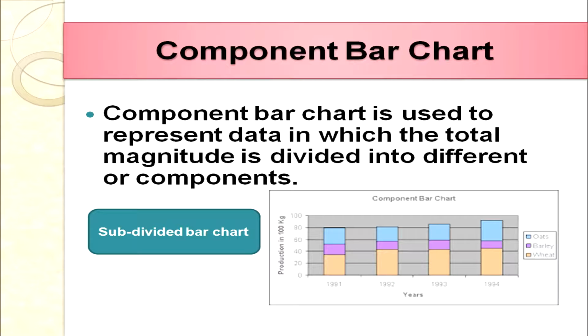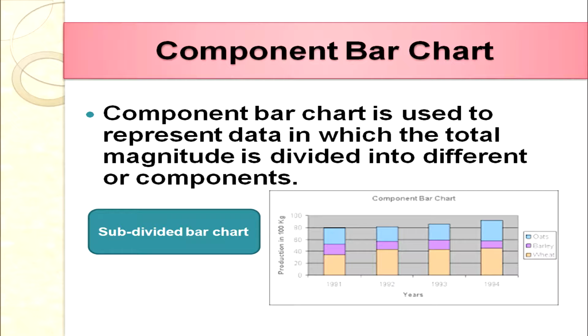Now, let us discuss the component bar chart. Very important. How will I come to know whether I have to make a component bar chart or a multiple bar chart? Why am I saying this? Because in a component bar chart also, two data or more than two data is given to us.